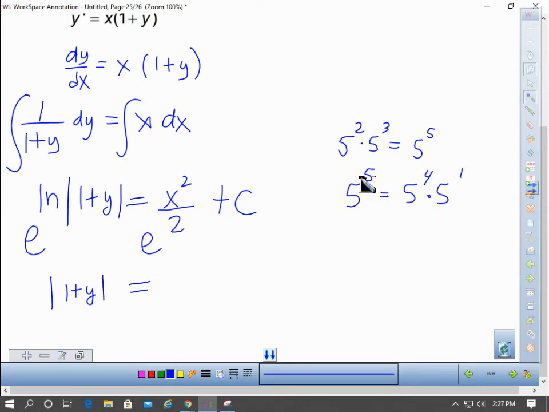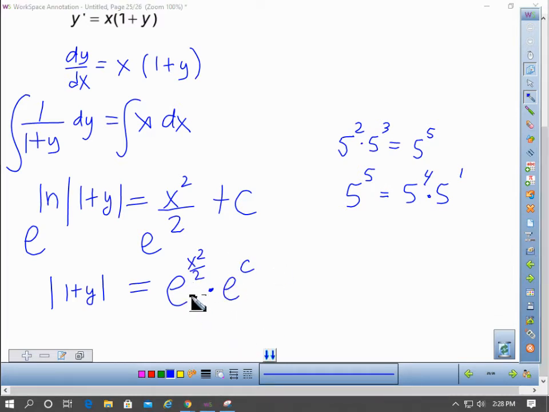So I could just break this up into any combo I wanted to. So this over here is adding the x squared over 2 and the c. So I can break this up into e to the x squared over 2 times e raised to the c. Because if you're thinking about it going backwards, when you multiply powers, you add your exponents. And so I would get this up here. So I'm just reversing it.